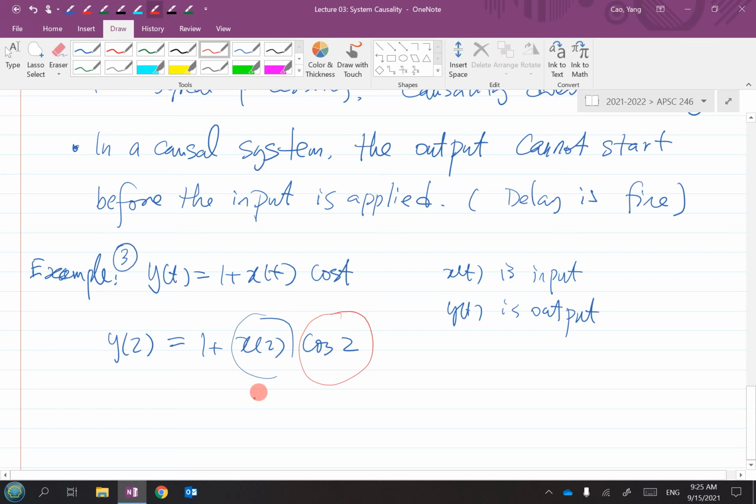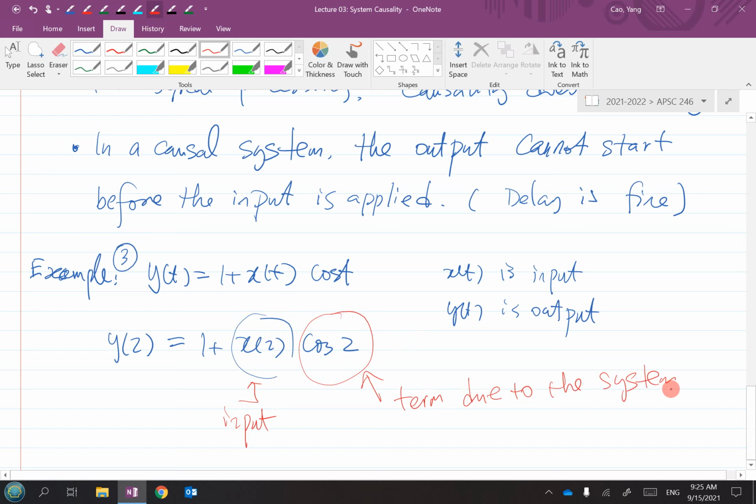Basically, I want you to be crystal clear when you have an expression, which term is the input? Don't be confused by any other additional terms that are not actually input terms. This is just a term due to the system.